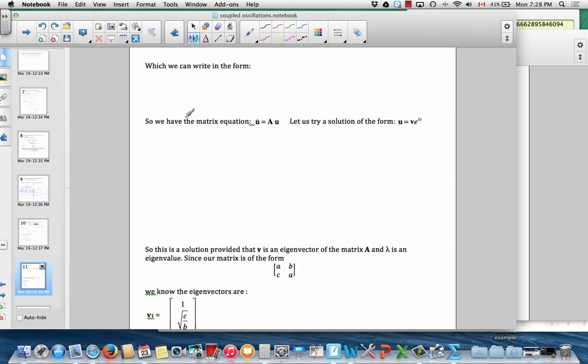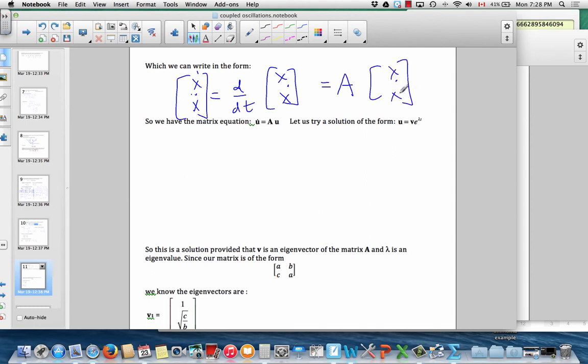We can write x dot and x double dot as the time derivative of x, x dot. And then what we had on the other side was that coefficient matrix A times x, x dot. So now we have a differential equation involving vectors.